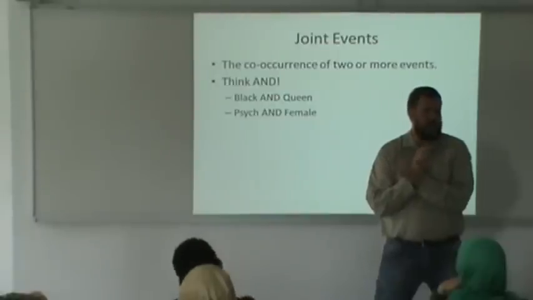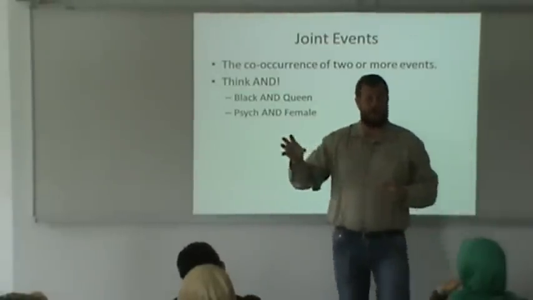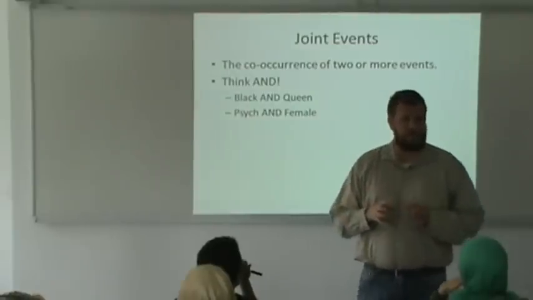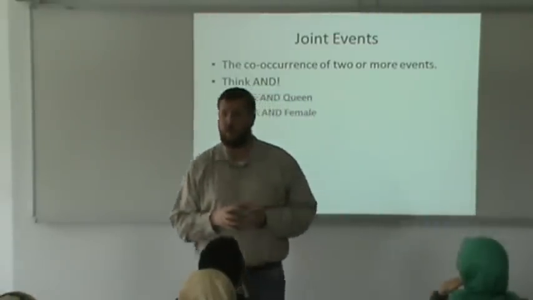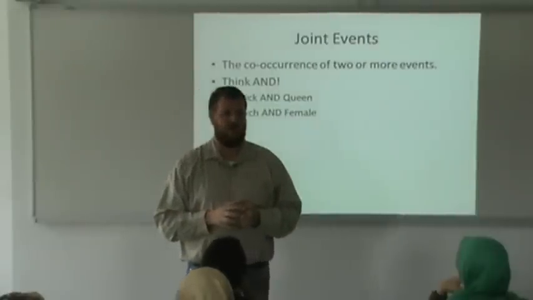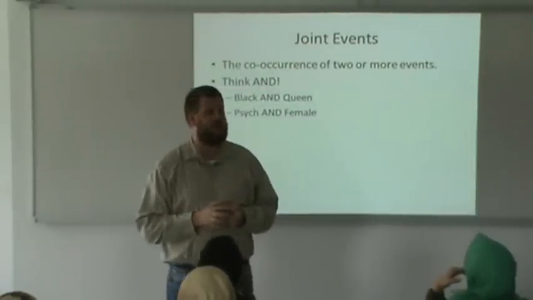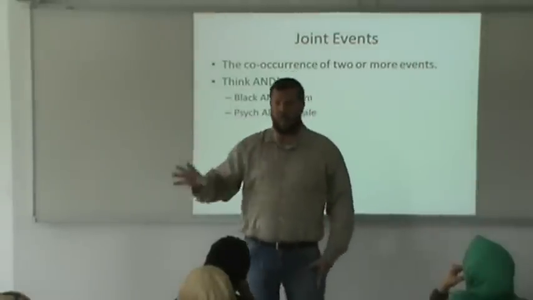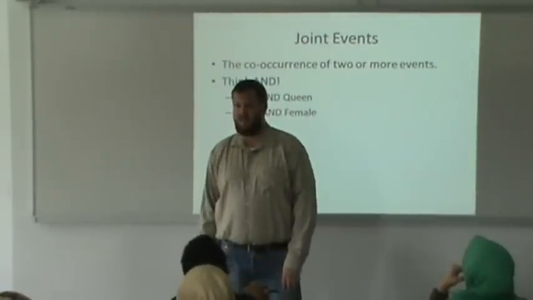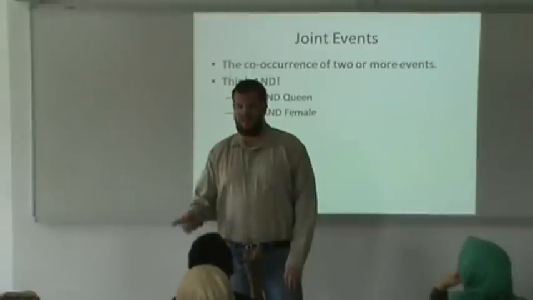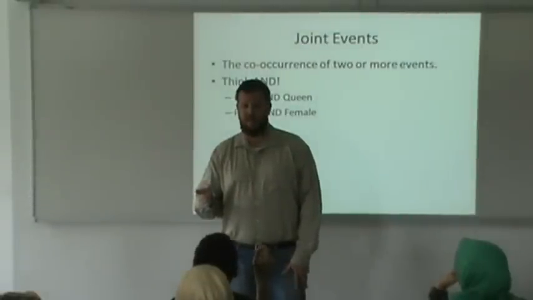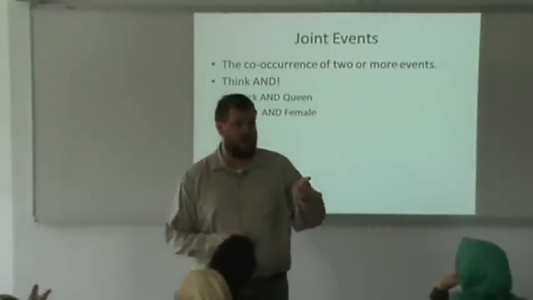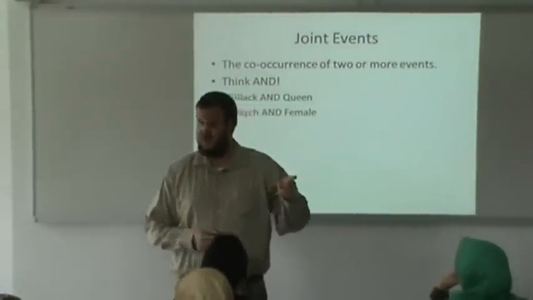What's the probability of getting a queen and a black piece? Maybe I should say this a little bit differently. What's the probability of getting a piece that is a queen and black? 1/32, right?